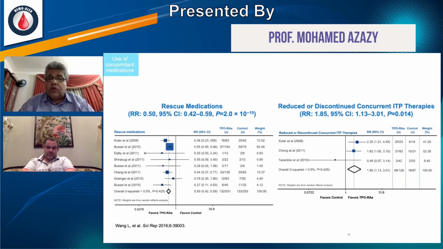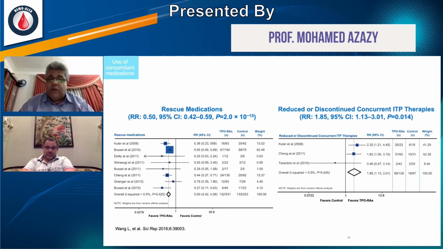Reduced or discontinued concomitant ITP therapy was in favor of those arms of patients who used TPO. They were usually managed quite well by reducing the number of drugs or the lines of therapy they needed. So eventually you can maintain a patient with chronic ITP on a single line of drug, or on 1 or 2 drugs only.